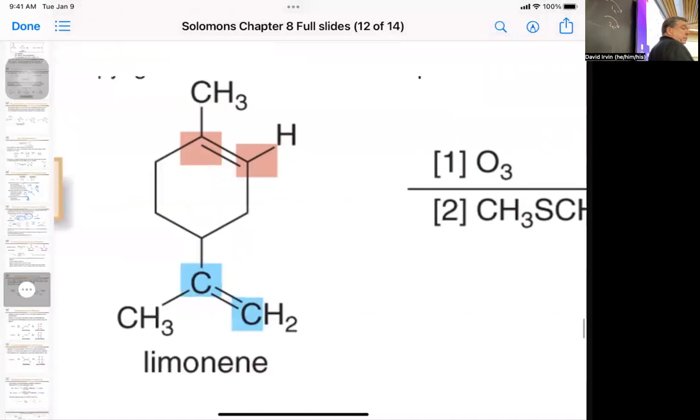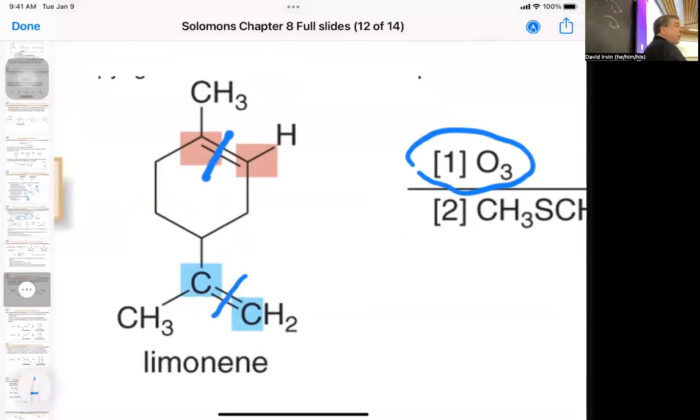Okay. So in this case, we have two double bonds, and we can use our ozone. It's not going to be selective. It's going to hit every double bond you have. So if you have a double bond, it's going to react. And we can split it here and here, right? There. So what happens when we split the one up here?